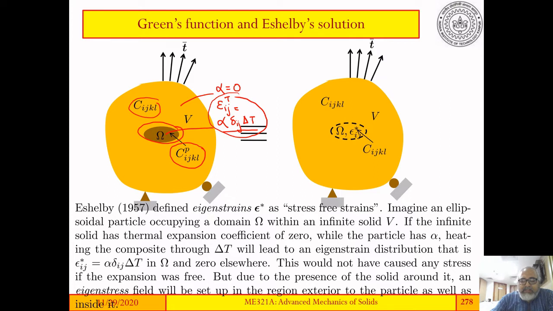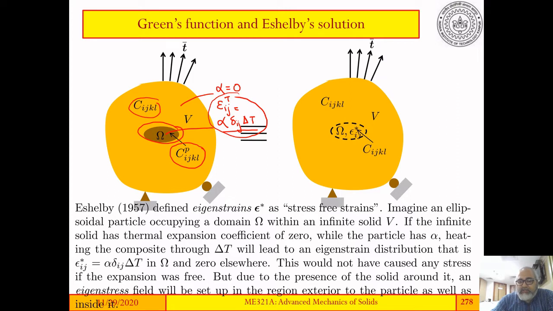Now, eigenstrains, or stress-free strains, can happen due to other reasons also. For example, the particle may undergo a phase transformation in which its volume increases, and it may change from one crystal structure to another crystal structure due to some reason.